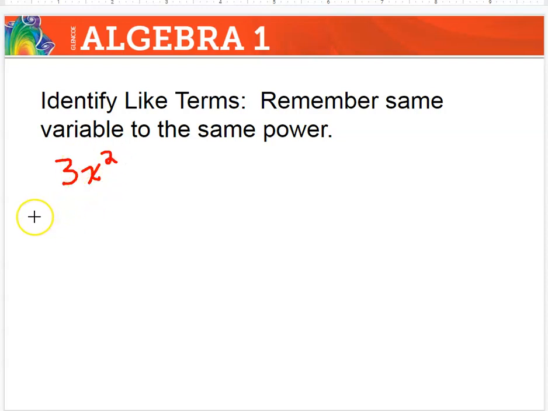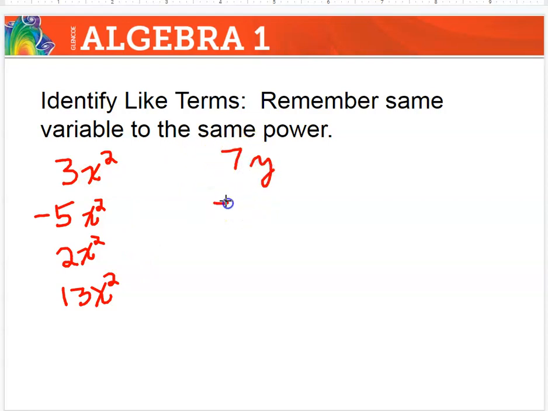So I would have maybe -5x squared, 2x squared, okay? 13x squared, okay? What I'm not going to have are things that have just an x, okay? You need to have that x squared. So if I had 7y, I could have -2y, I could have 1/2 y, okay? It's going to be things that have the same variable.